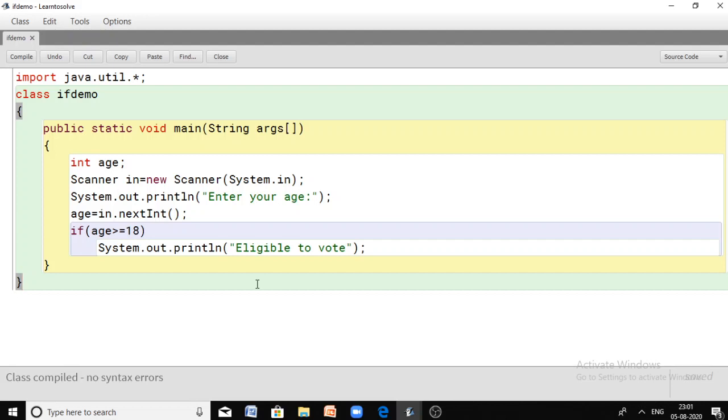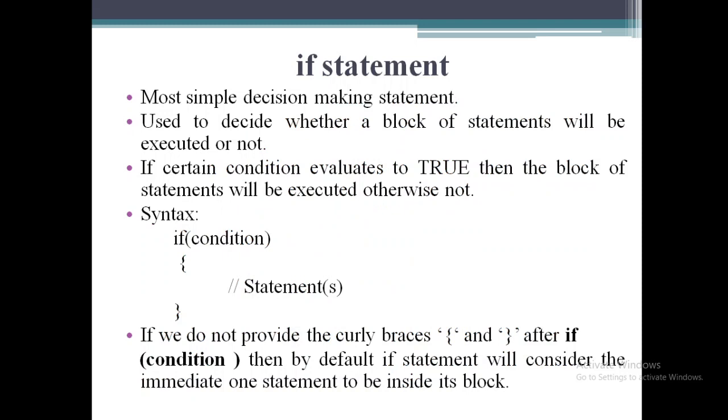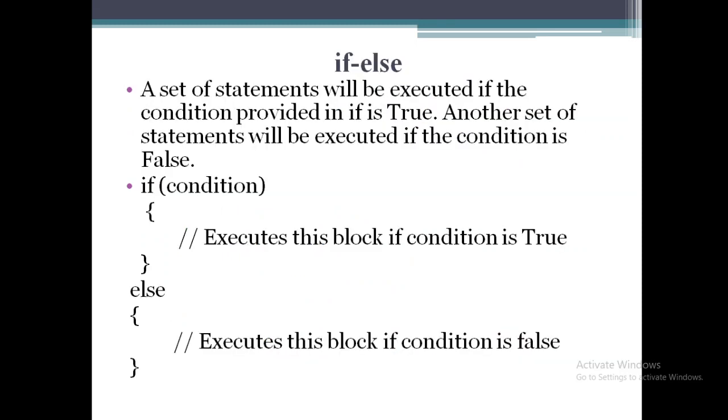So to achieve that, we can go for the next form of if statement, that is if else. If else is actually a simple if statement, but a set of statements to be executed when the condition is false is also provided. So there are two alternatives now. If the condition is true, then execute a set of statements that belong to the if block.